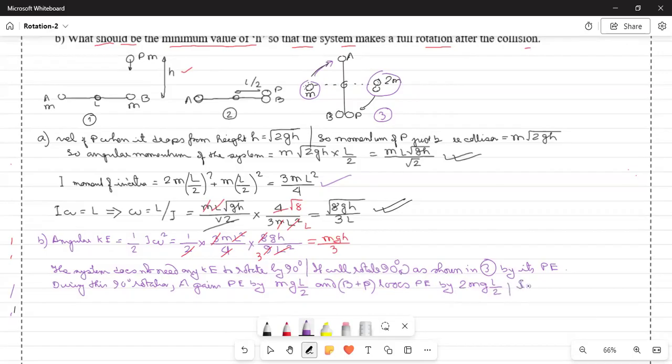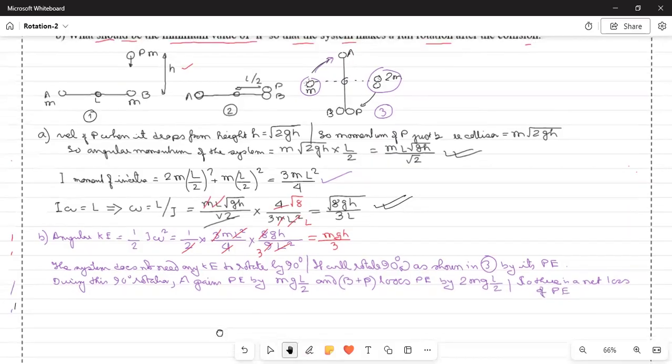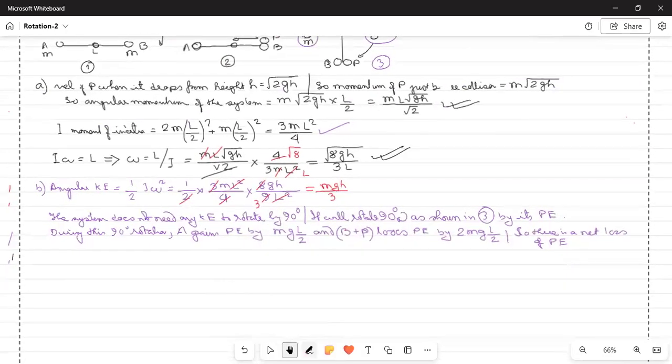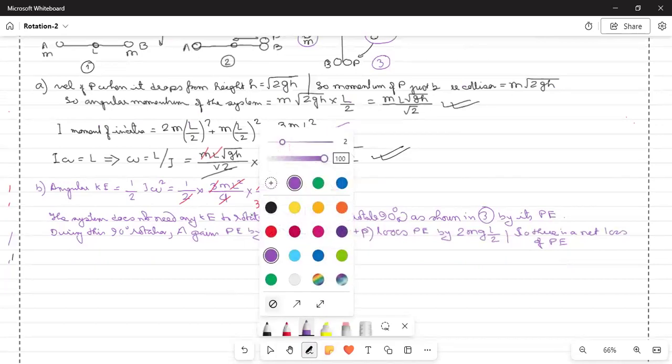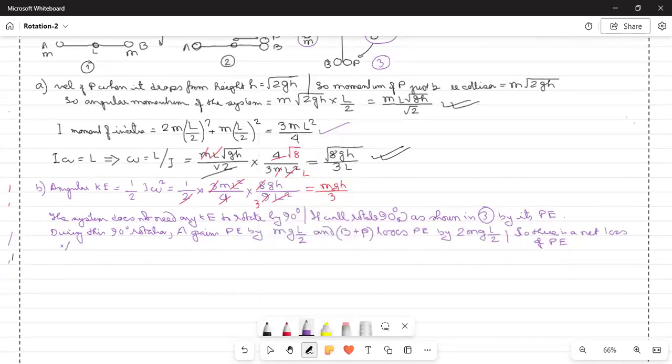So there is a net loss of potential energy. How much is that loss of potential energy during this 90-degree rotation?